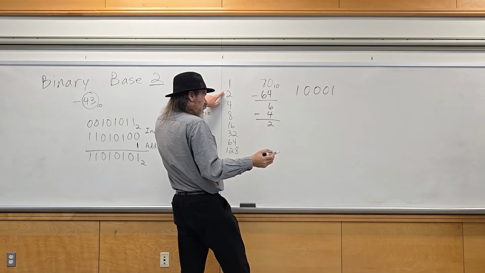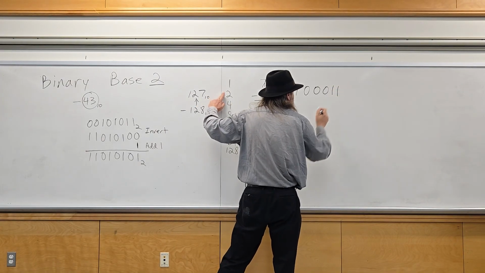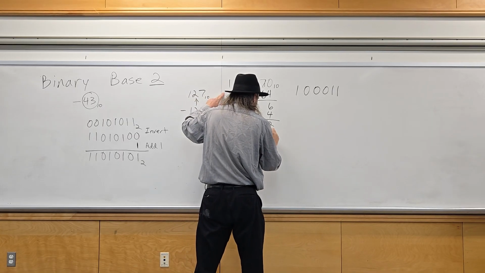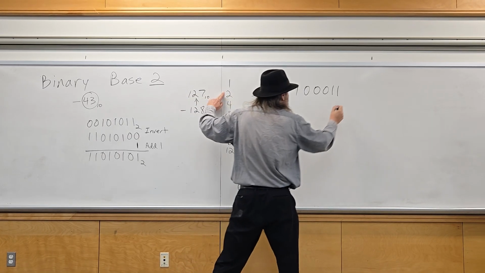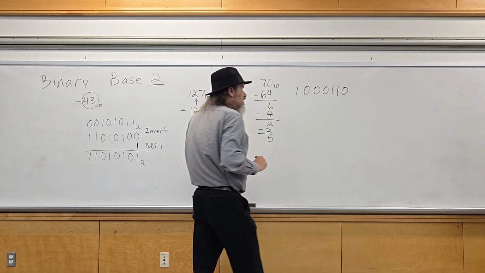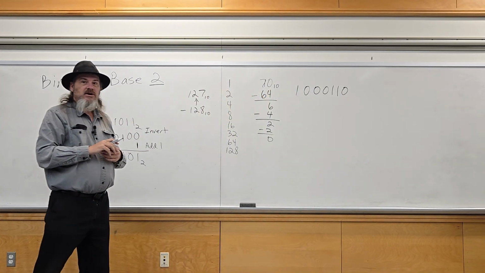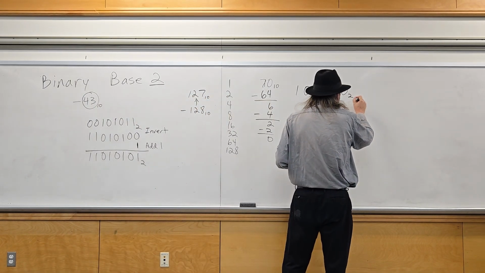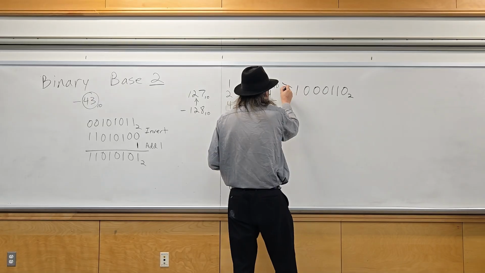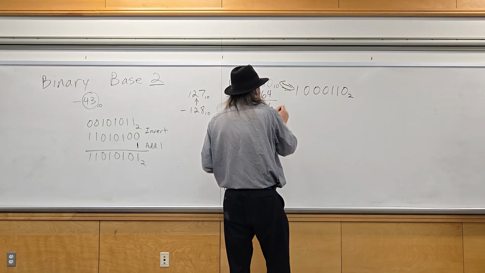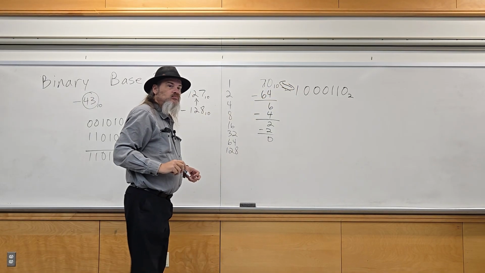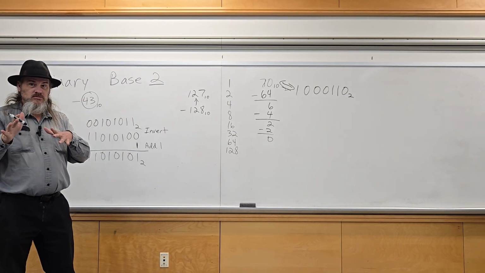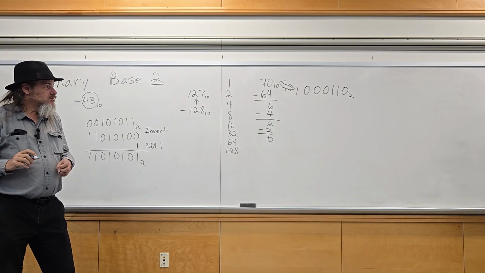You can get a 2 from that. So put a 1 in the 2's position. And that leaves you with 0 in your last position. So that's your number in binary. Okay? Is that a little bit clearer now? Yeah. Okay.